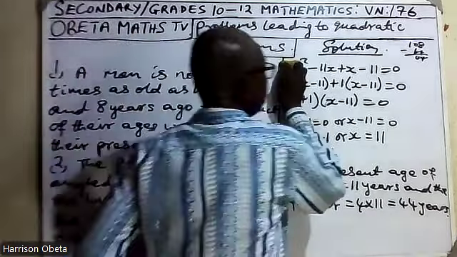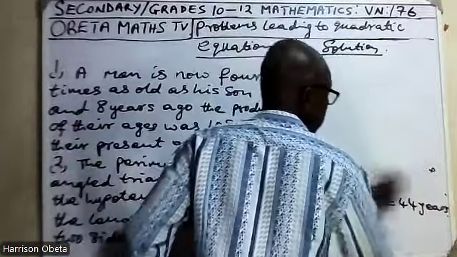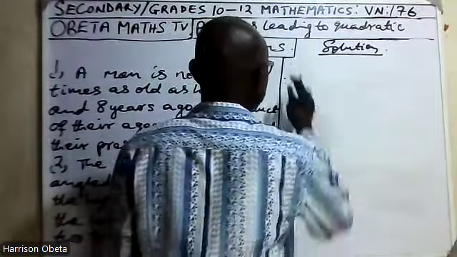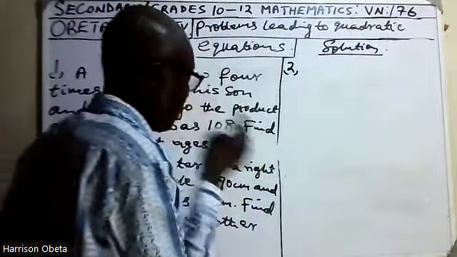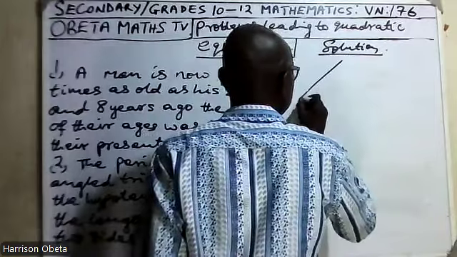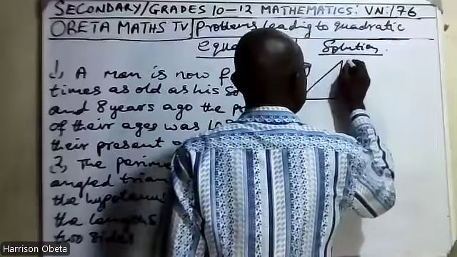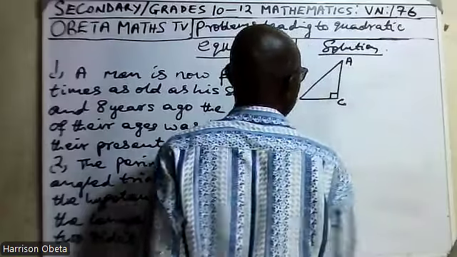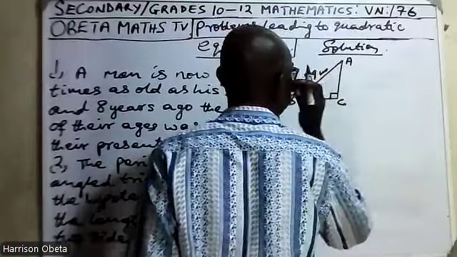So coming up here, we will draw a right angle triangle. Let's take this to be A, B, C. This is a right angle triangle. And then this is 39 cm.